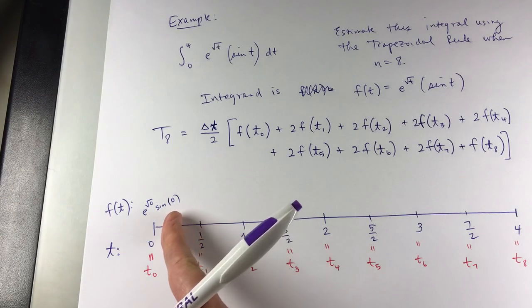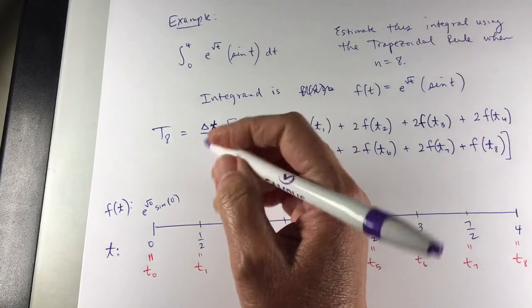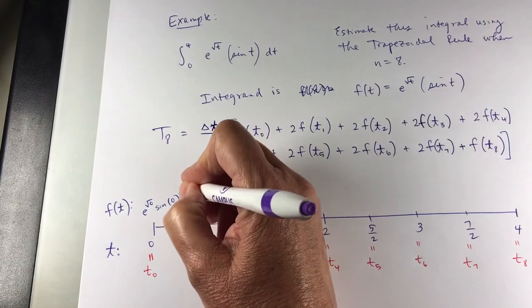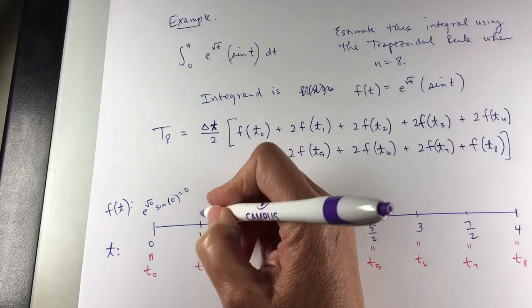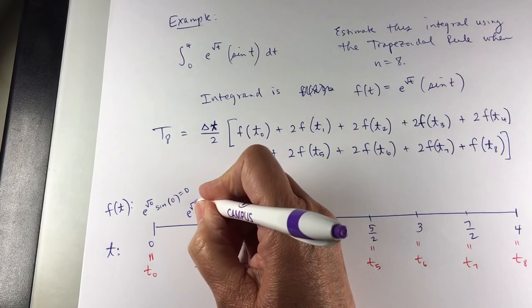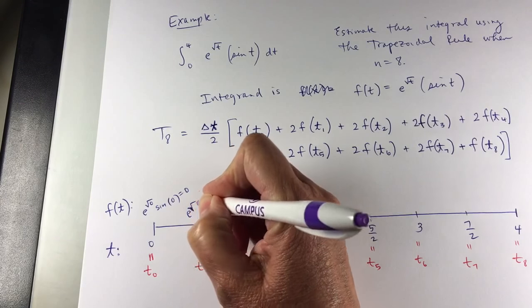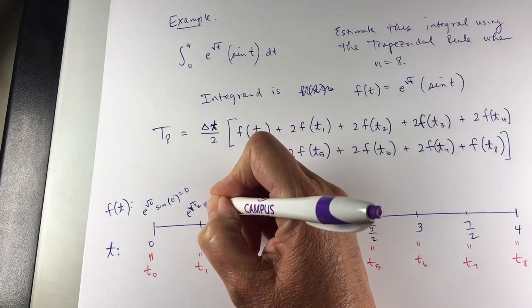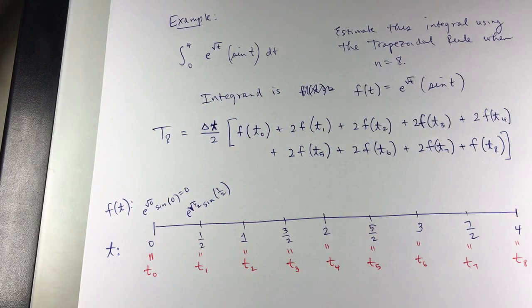And what's the sine of 0? 0. That's 1 times 0. That's going to equal 0. And then the next one, this would be e to the square root of 1/2 times the sine of 1/2. And if you like, write it as 0.5.